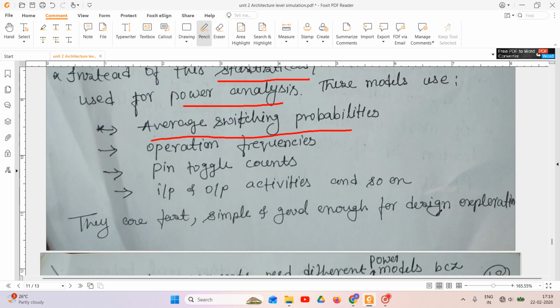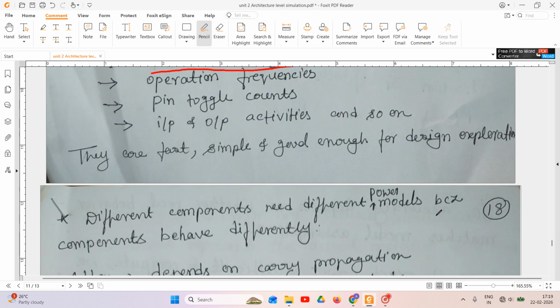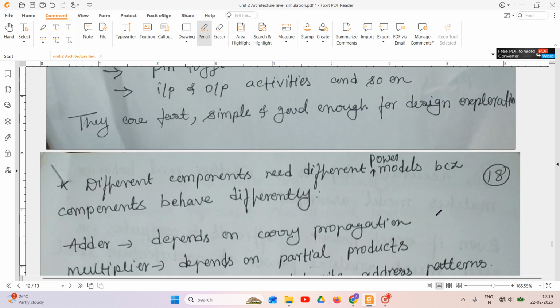One more thing: we consider different components in the blocks, so for each component we have to use a different power model. Why? Because each block's working operation is different.